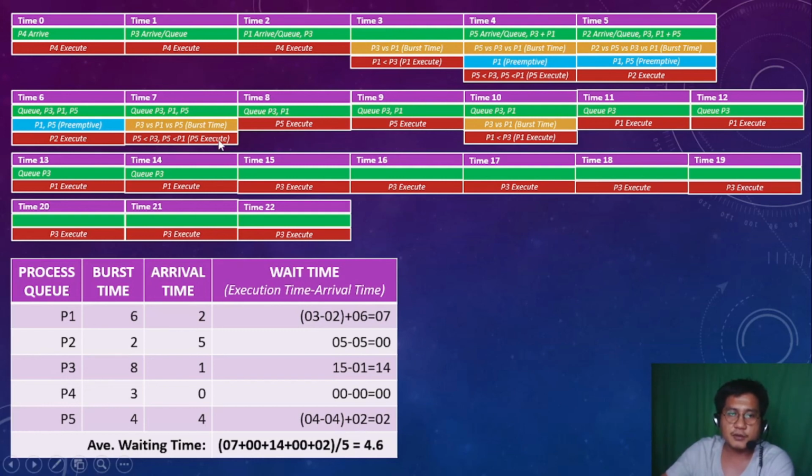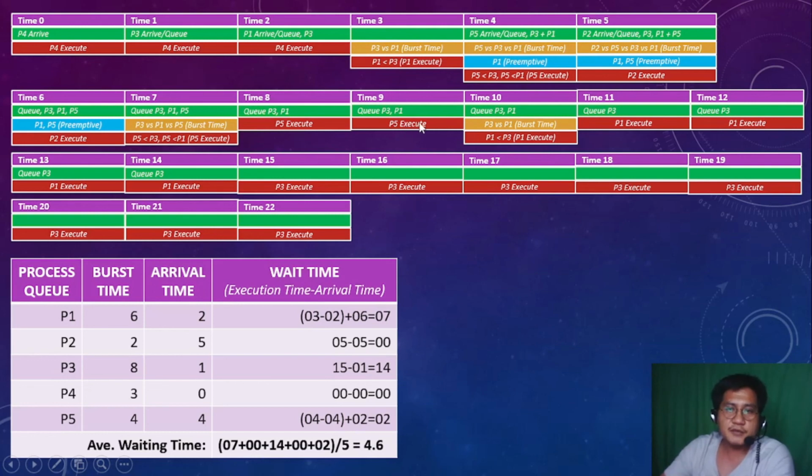So P5 will get its moment and be executed in the central processing unit from time 7 to time 8, time 9. So it has an additional 3 execution time, while P3 and P1 are still in the queue.